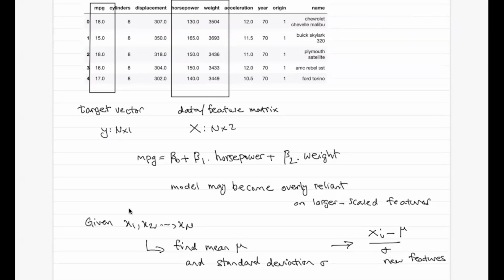So now, given these original features, which I can just show using x_i, i from 1 to n, now we have these scaled or transformed features, which have this linear transformation in the form of (x_i minus mu) divided by sigma. And the nice property of this type of transformation is that now these transformed features have mean 0 and variance 1, which means that regardless of what the original distribution of data is, now we can have this mean 0 and variance 1.